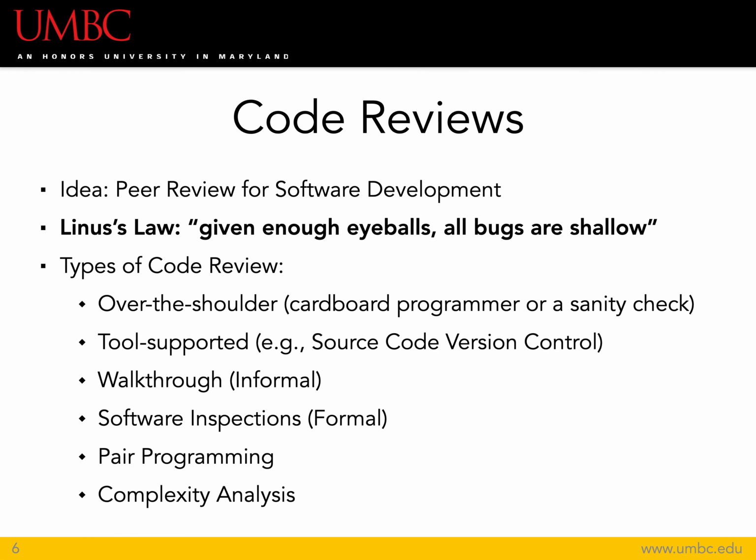It is worth at least commenting briefly on Linus's law, which is this notion that given enough eyeballs, all bugs are shallow. There have been studies looking at this to see if that's actually true, and it's not true in the sort of extreme events, because even if you have tons and tons of people looking at a piece of software, you may still have lots of bugs in it, or serious bugs in it in particular.